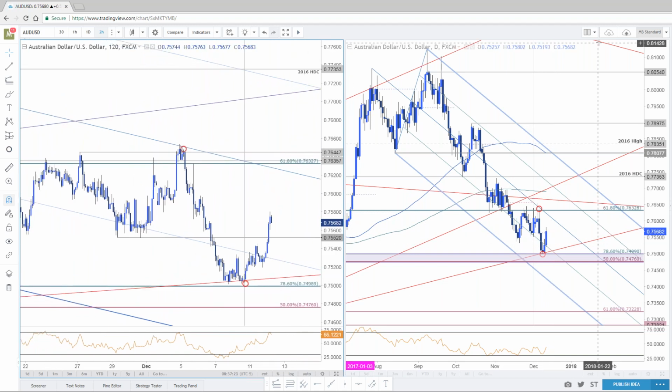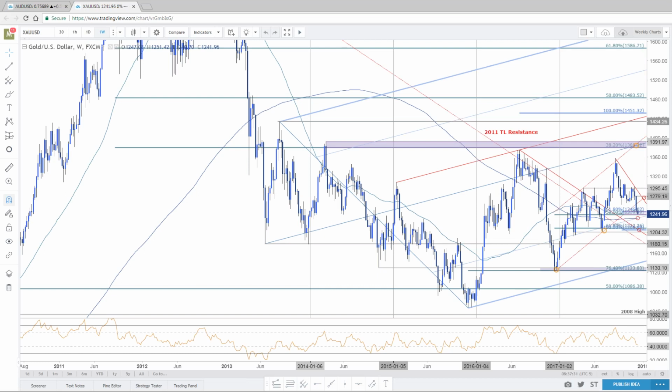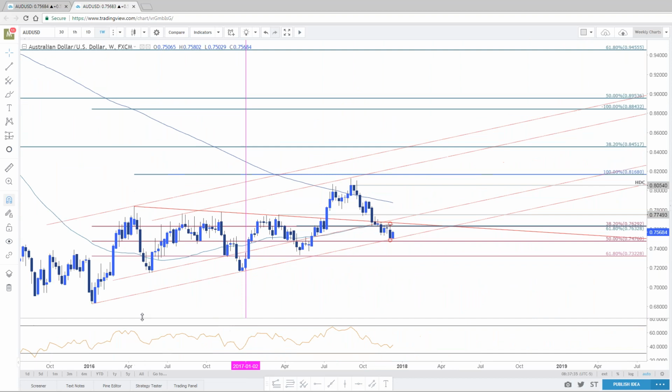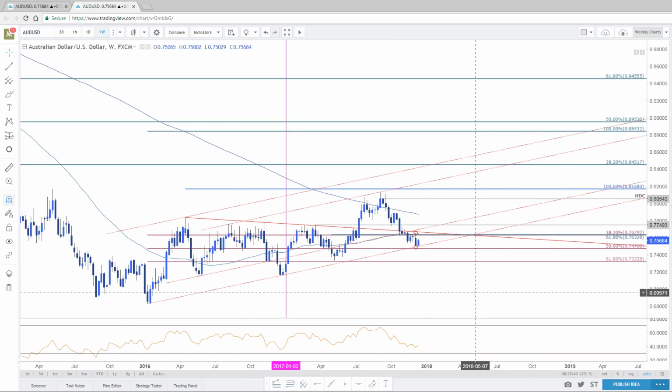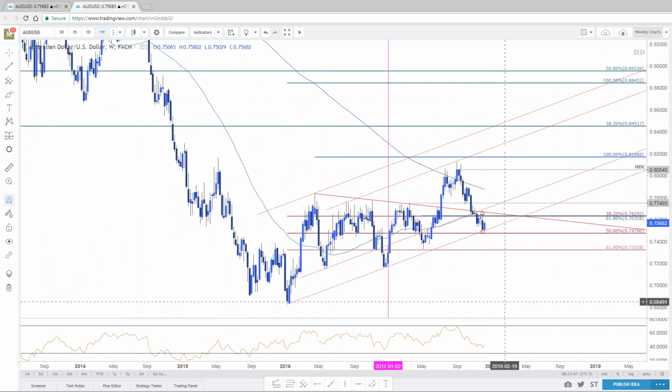The level from which we turned in Aussie is so critical, guys. It's really as basic and simple as slope support off the 2016 lows. Right there, 74.76 allotted us a little bit lower of a drop before we start to get concerned.